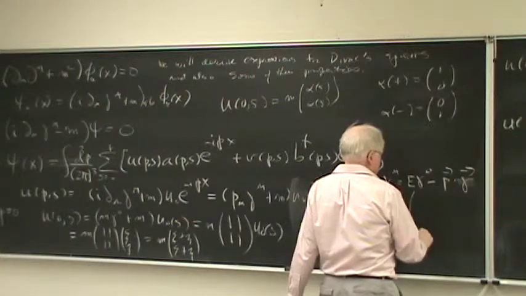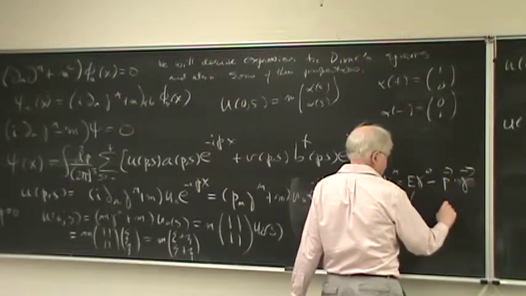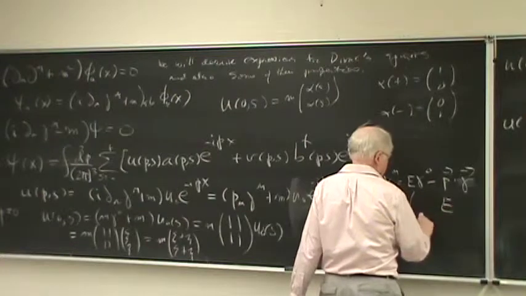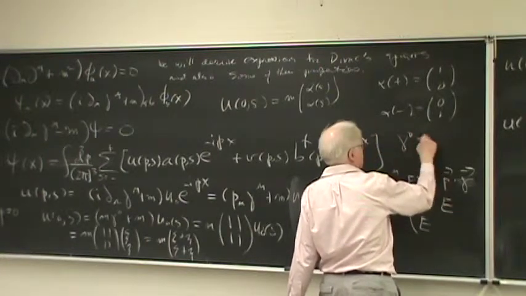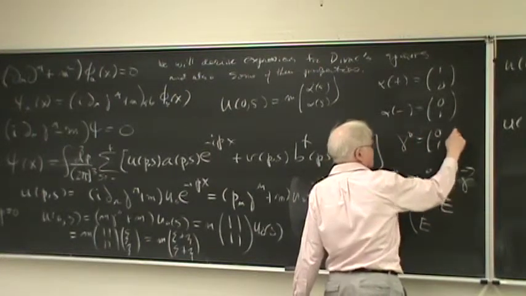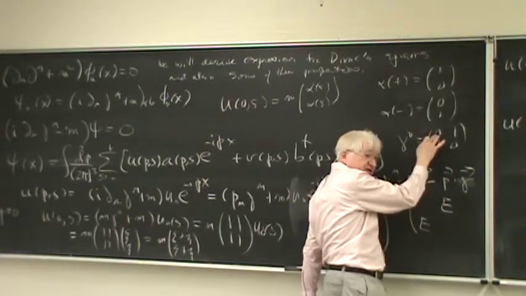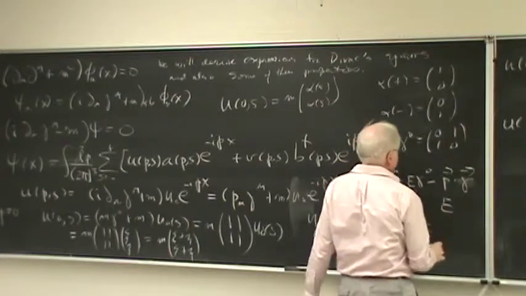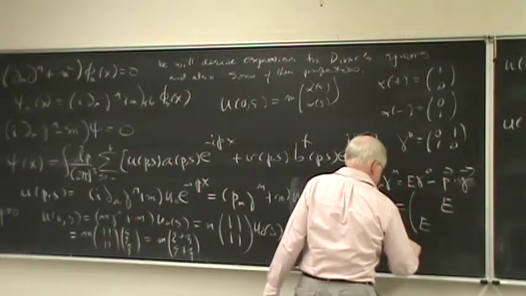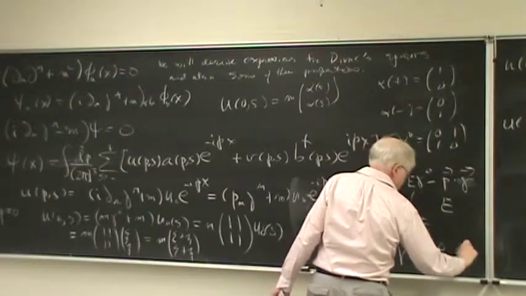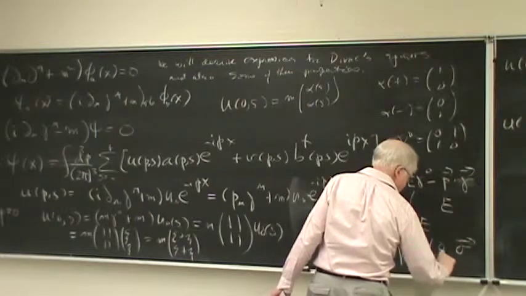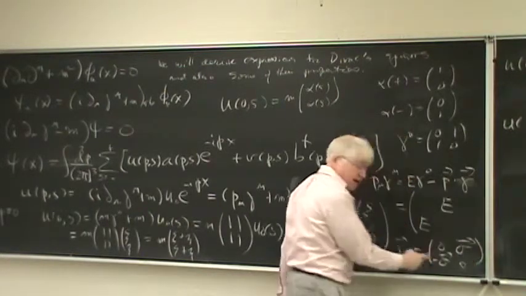And now gamma^0 means we have an E here and an E there, because gamma^0 is 0, 1, 1, 0, written in, this is a 4 by 4, so this is a 2 by 2, 0, a 2 by 2 identity. The gammas themselves are 0, sigma, minus sigma, 0, where these are the Pauli matrices.